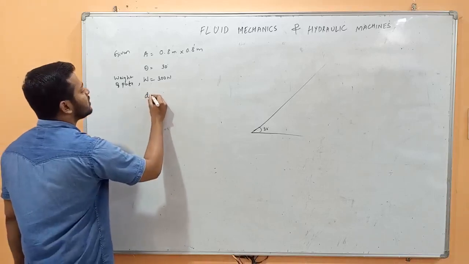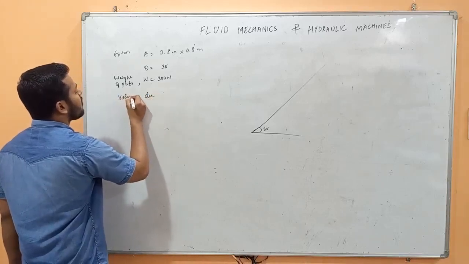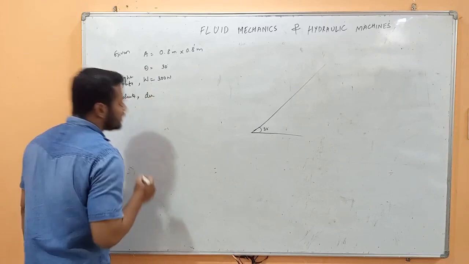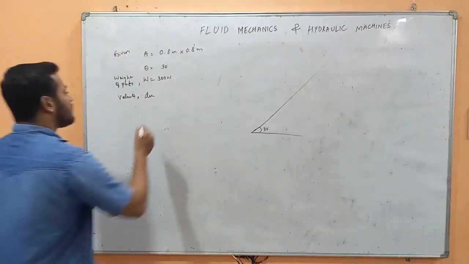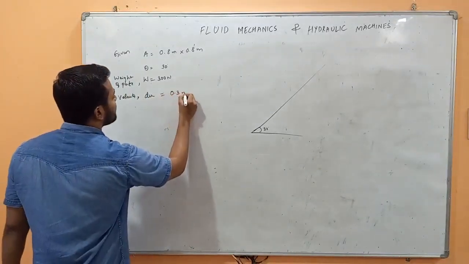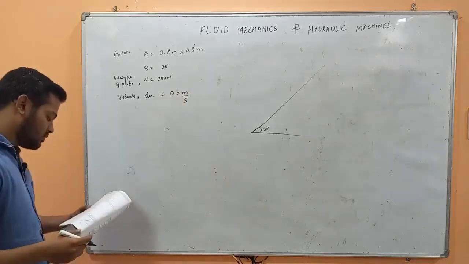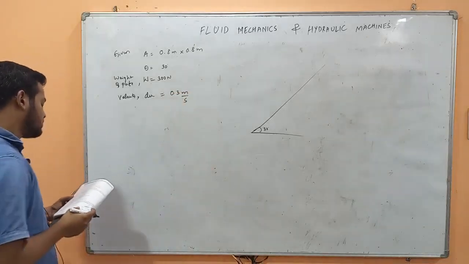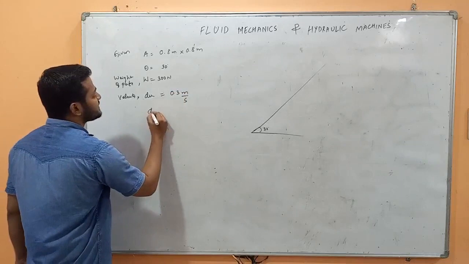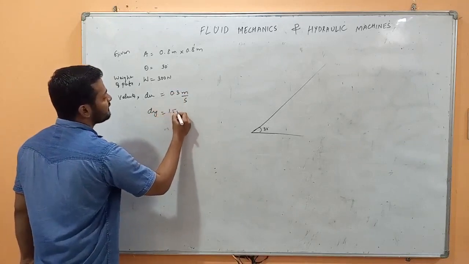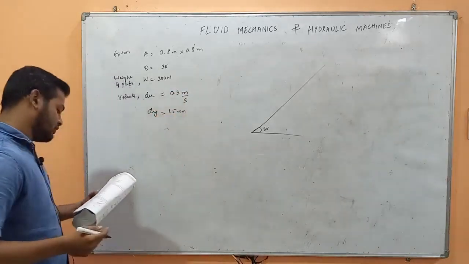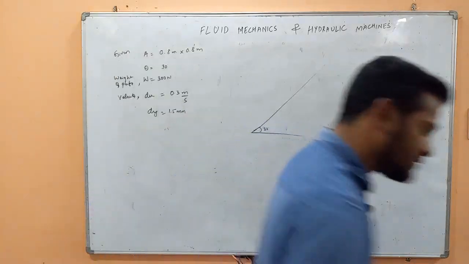So du value, which is velocity, we denote velocity with du. Du value is given as 0.3 meter per second. The thickness of oil film is 1.5 mm. Thickness dy is given as 1.5 mm. So this is the given data.